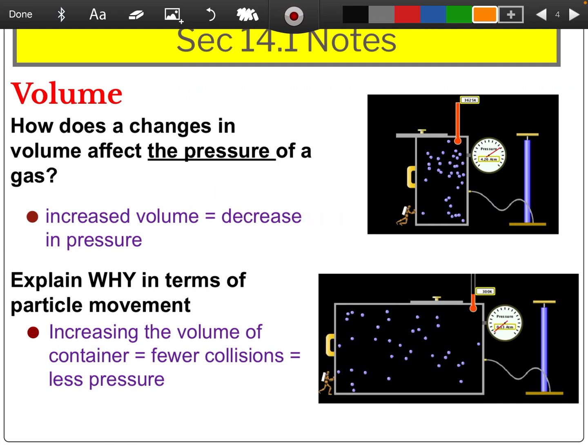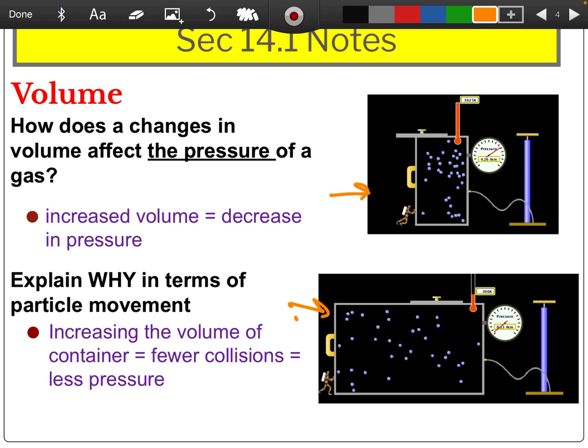The second relationship is volume and pressure. How does a change in volume affect the pressure? Remember, volume is the size of the container. In this first example, we have a really small container. If you increase the volume, going from the first container to the second, the container is getting bigger, which gives you a decrease in pressure.